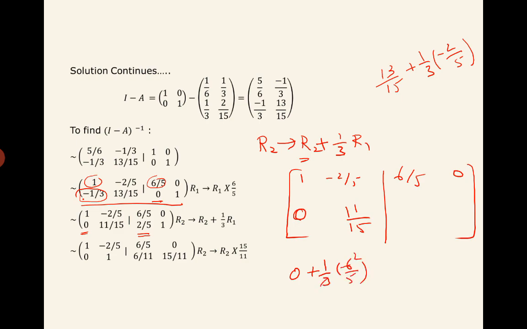This will be 2 over 5. And in the last term, row 2 is 1 plus 1 over 3 times 0, so it will be 1 here. So that is this matrix. And finally, one more step: we have to convert this element into 1 and then this element to 0. Then we get the reduced matrix.